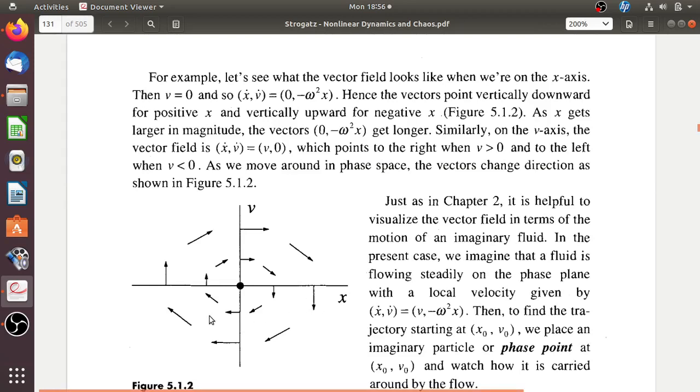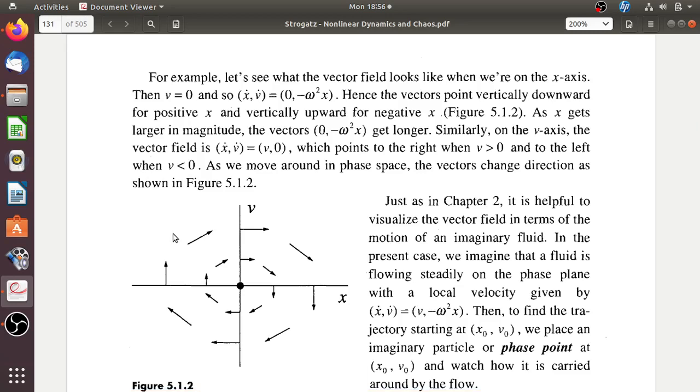This is the plane, which is also known as phase plane or phase space. When I have a space of all the state variables, then it's called phase space. In this phase space, each point represents a particular state of the system.